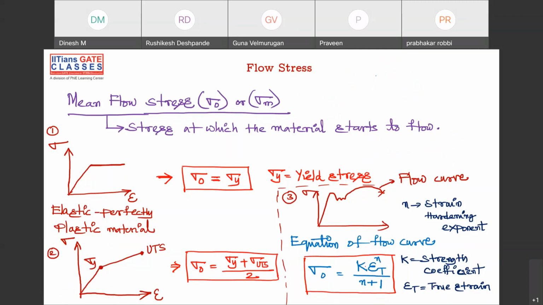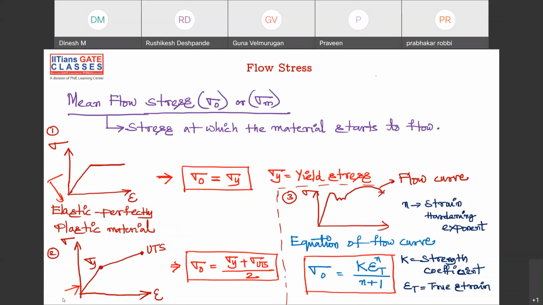Please do remember that. The formula of flow stress is given by K, the strength coefficient, into epsilon T to the power of n, the strain hardening exponent, divided by n plus 1. This is how the flow stresses are calculated in these three cases. This is elastic, perfectly plastic.